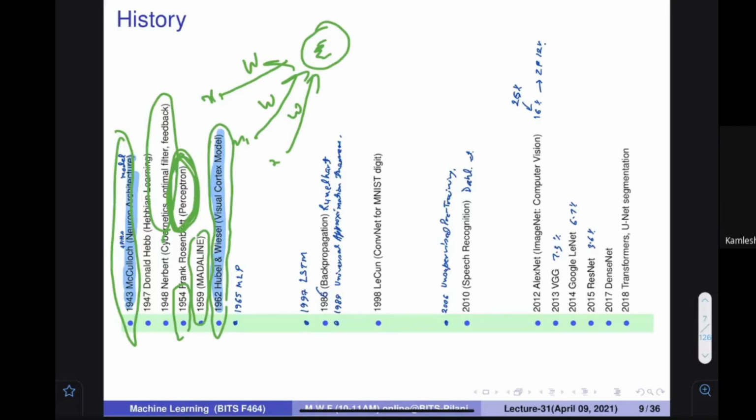They derived that when there is a change in the visual scene, only then are the neurons fired. So they thought that lines and linear edges are very important for visual understanding, and those ideas were then applied to the computer vision domain.